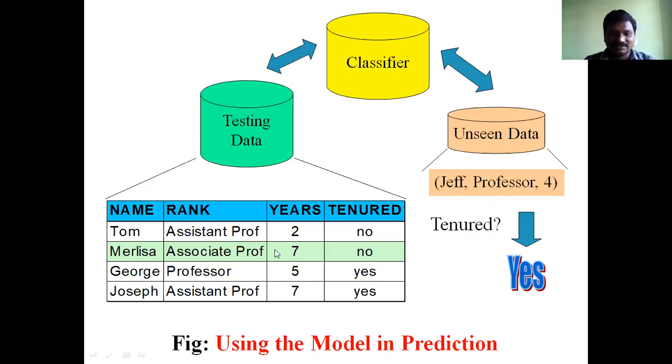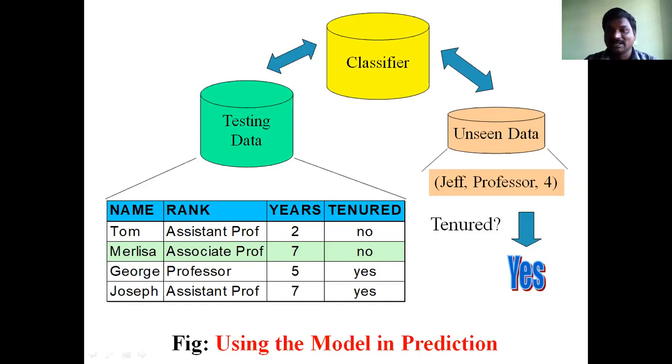What is the model's prediction? Here you give the testing data to the classifier. The classifier is the set of rules, which is called the model. In this classification technique, identifying the model is the most important thing, that is, how to identify the classifier.